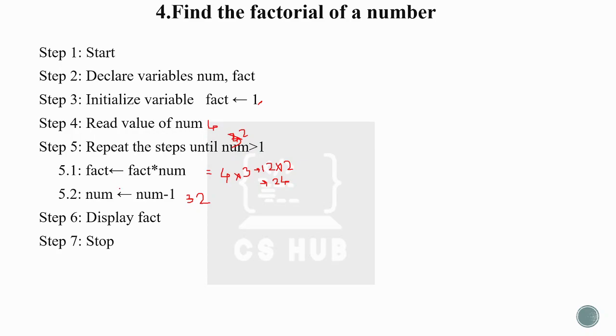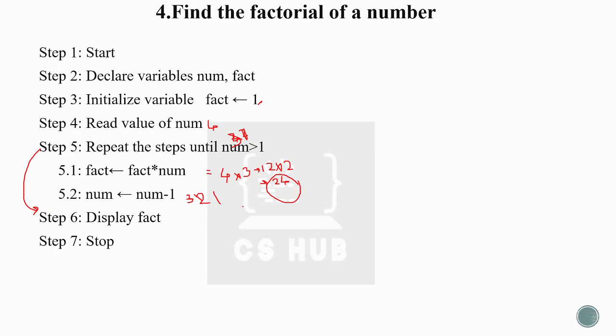Then num got decremented, means num is 1 now. Then again check whether 1 greater than 1. No, condition fails, right? So just skip the step and execute step 6. Display fact. Our value of fact is 24, which means 4 factorial is 24.